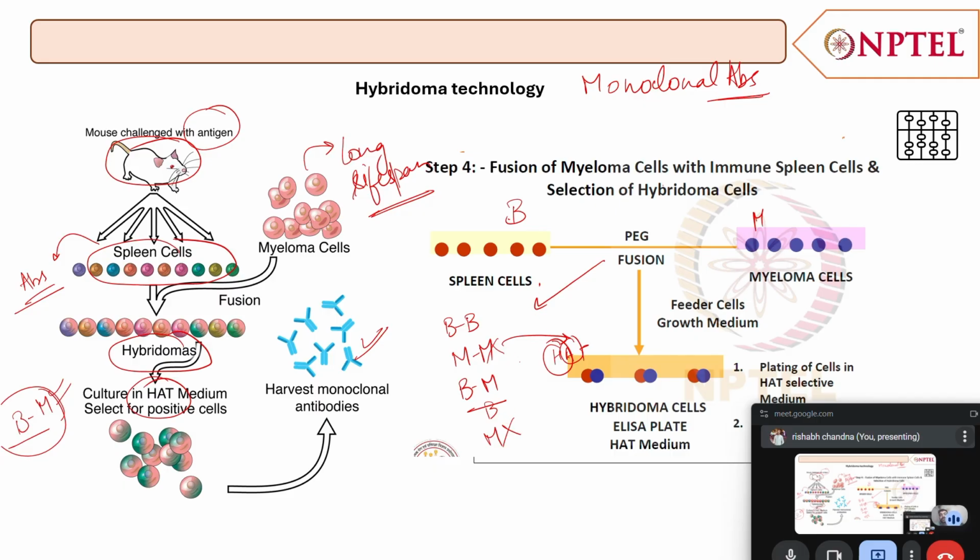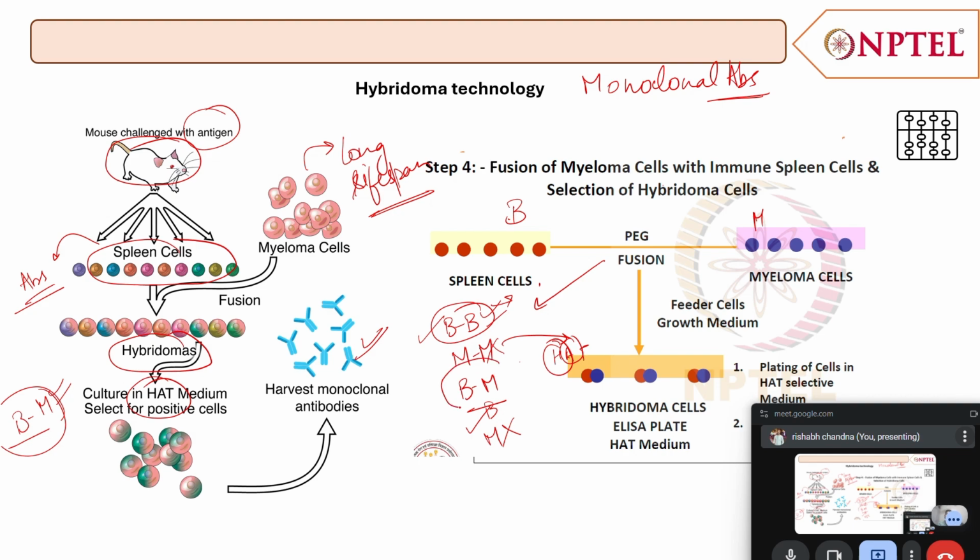Now, the B cells can grow in this media because they have the HGPRT enzyme, but they have a limited lifespan. So these cells will be discarded because of the limited lifespan.